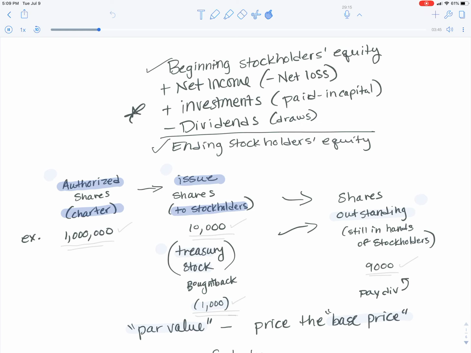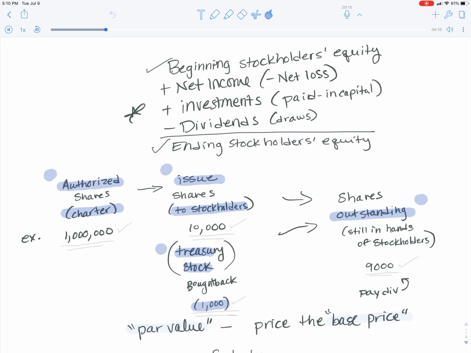And then the corporation can buy back some of these shares. This is called treasury stock. And so this would reduce the number issued because we're taking them back. So what would be remaining is shares outstanding. So there's 4 different types of shares you're going to see: authorized, issued, treasury, and outstanding. And so make sure you understand the difference.